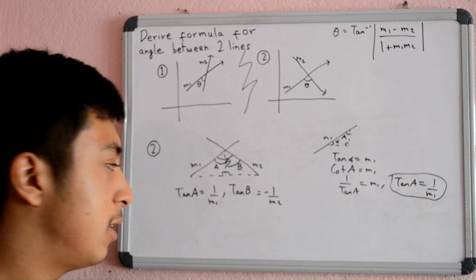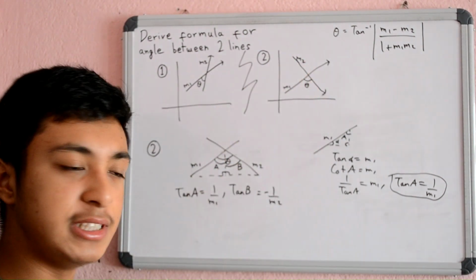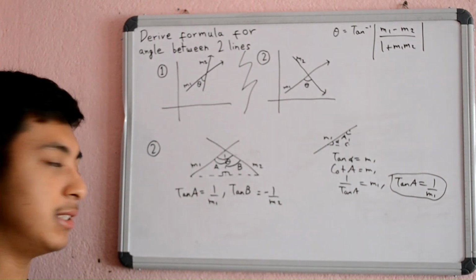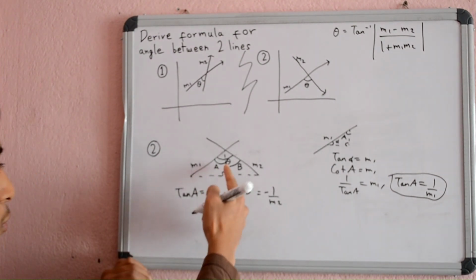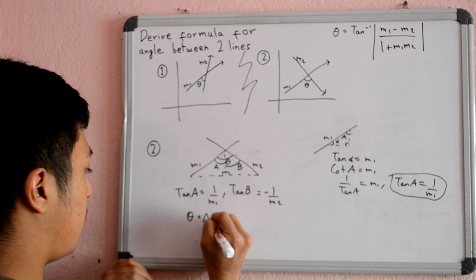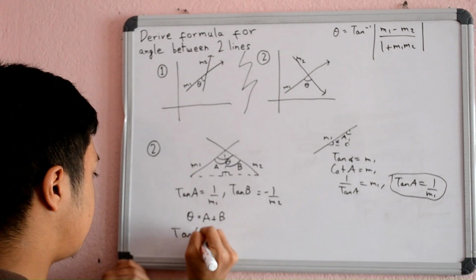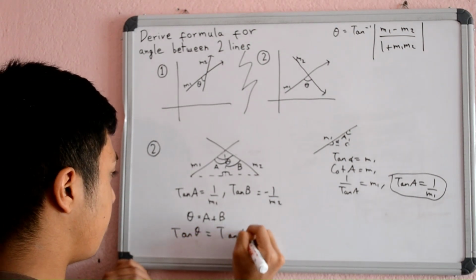Why minus? Well, this minus sign represents that this slope is in fact decreasing, so we have to put a minus sign. And now we can see that this angle theta is simply the sum of the two angles, A plus B. Put the tangent on both sides, tan(A plus B).